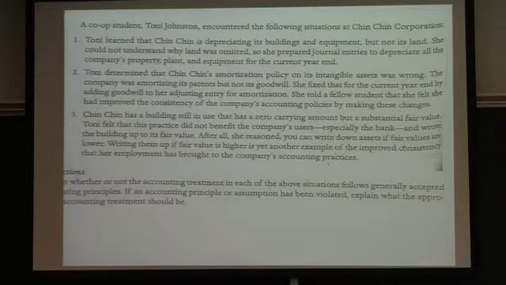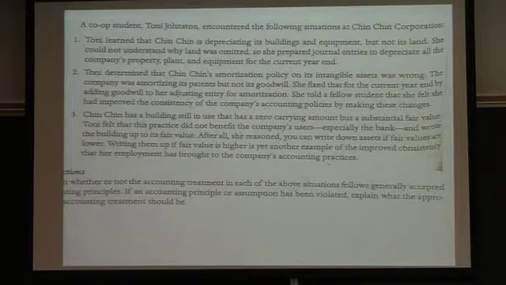Now, land in general does not decline with time as we use the land. Land is one of those finite resources. As we use the land, it doesn't normally decline in usefulness, and that's the reason why we don't depreciate land.